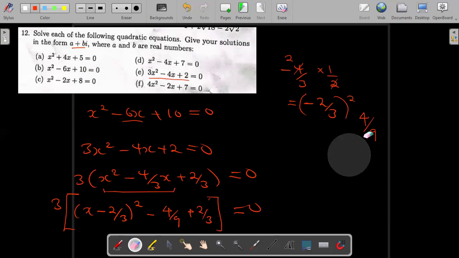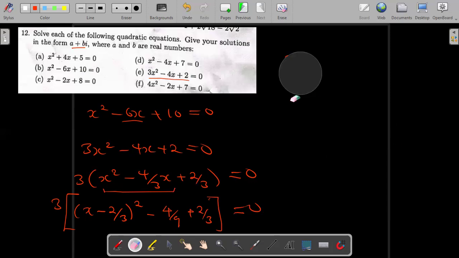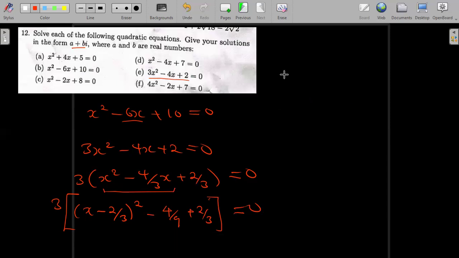Now observe, let's expand x minus 2/3 squared. This means I'm multiplying it by itself, so x minus 2/3 times x minus 2/3.